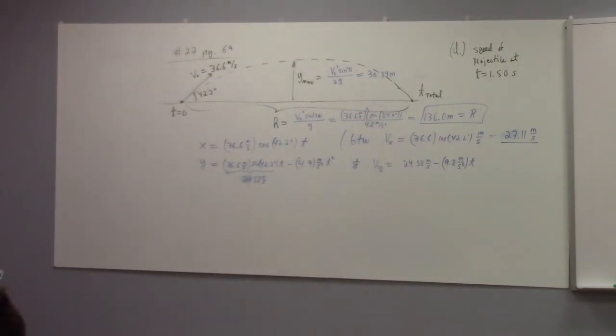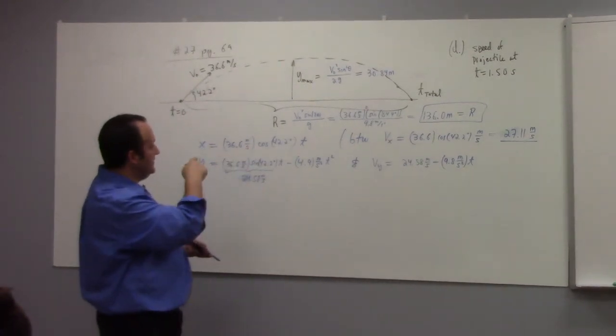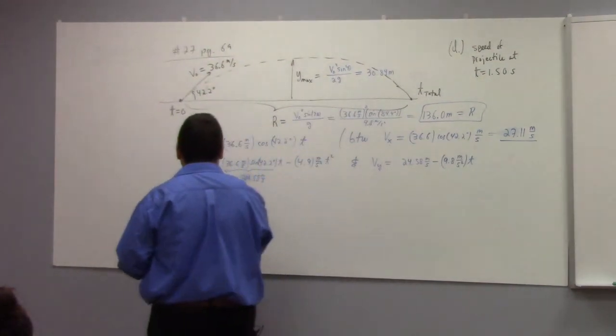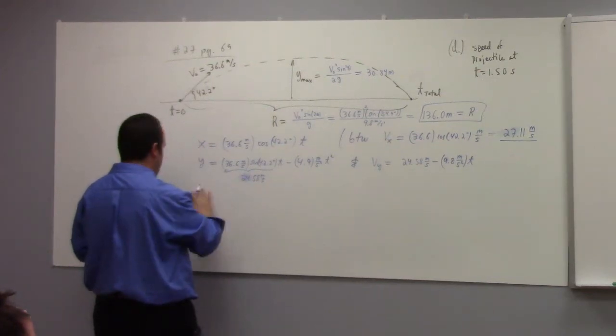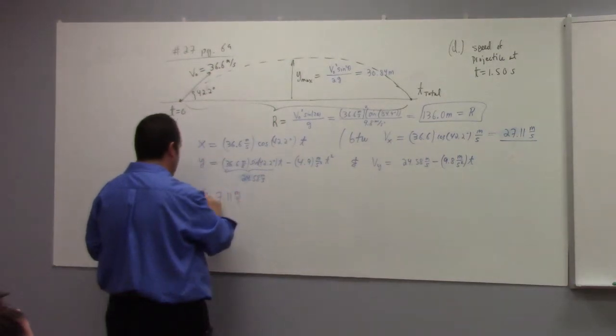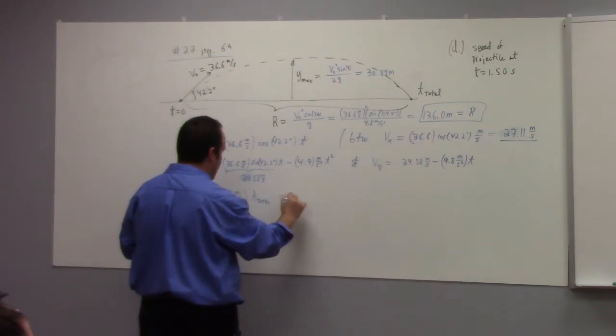Anyway, what else do we need to know? Did we ever figure out part D? We got A, B, and C. Oh, what's the total time? How do you figure out the total time of flight? If we've already got the range and x velocity, 27.11 meters per second times the total time equals the range, right?